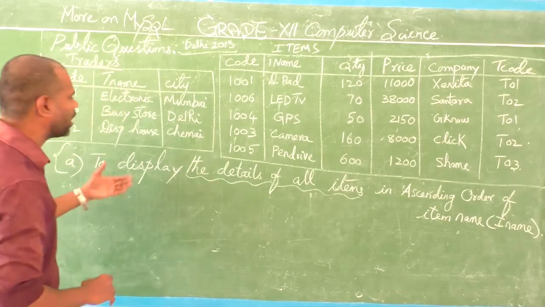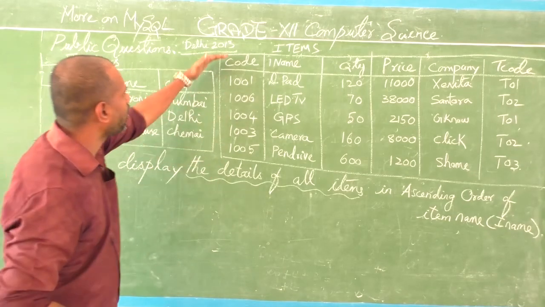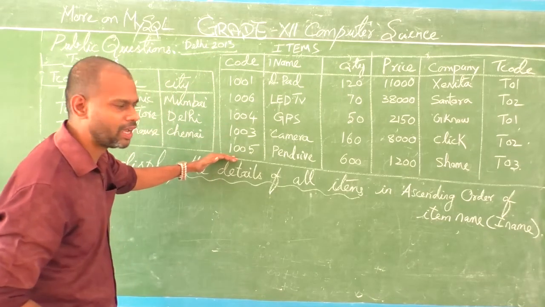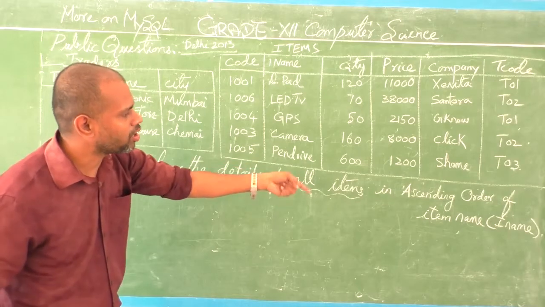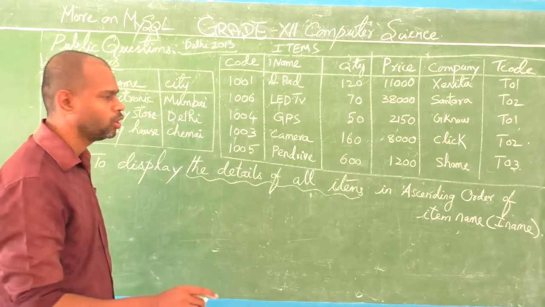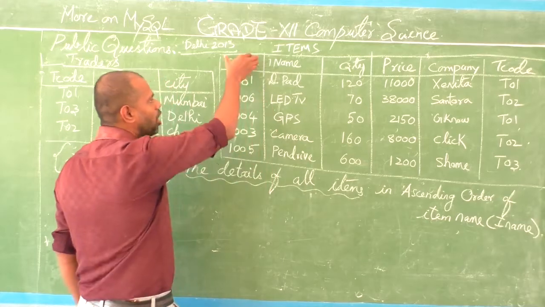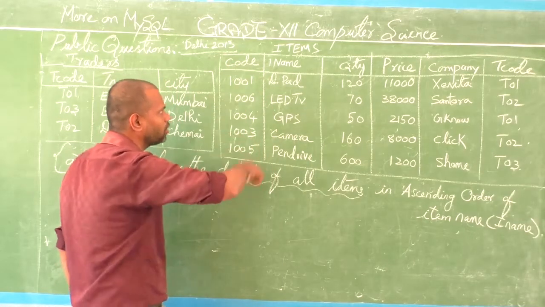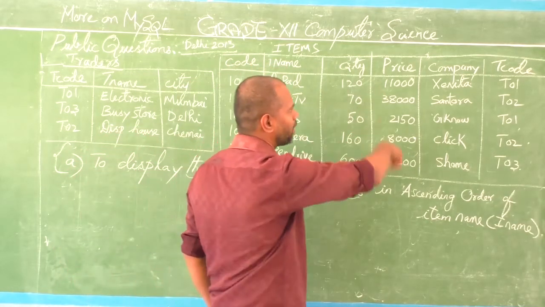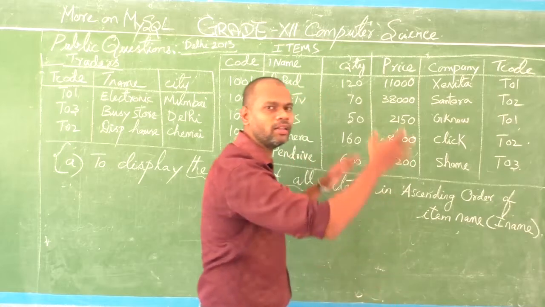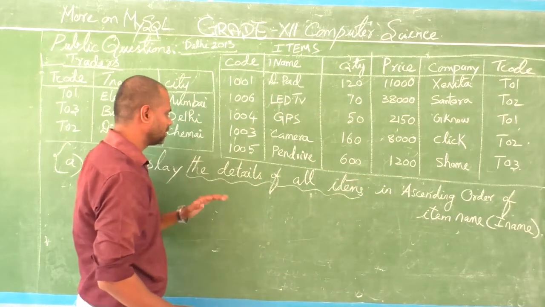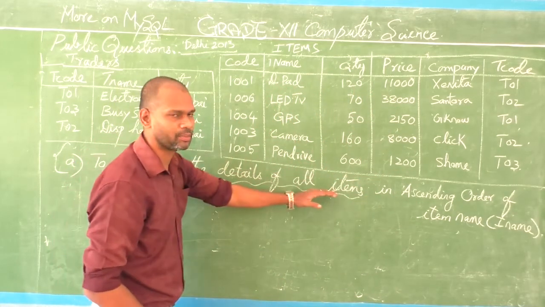In this items table you have to display the details of all the items, which means all the columns: code, ID, quantity, price, company, T code. That is called details of all items.